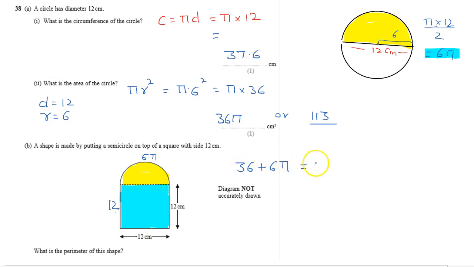If you use your calculator, 6 pi is, up to 2 places of decimal, 18.84. So that will be equal to 54.84. You will get marks for this answer, and you will get marks for this answer also.